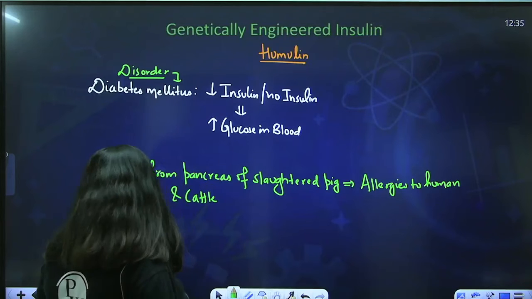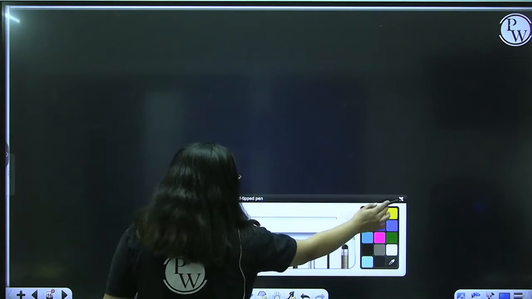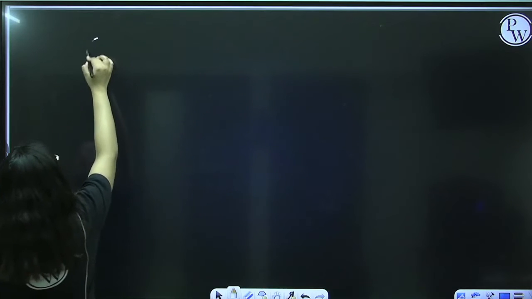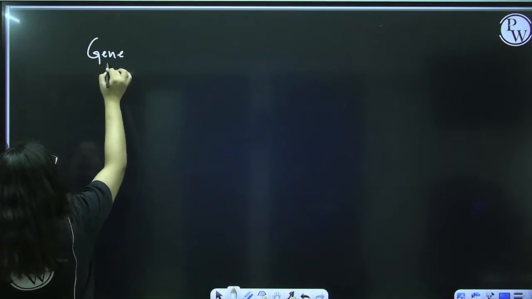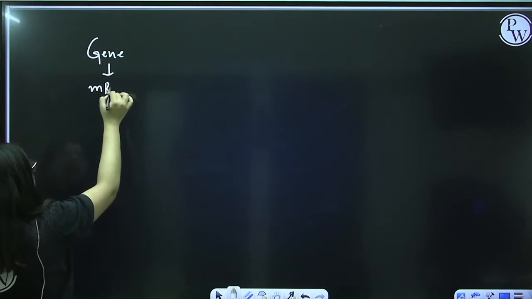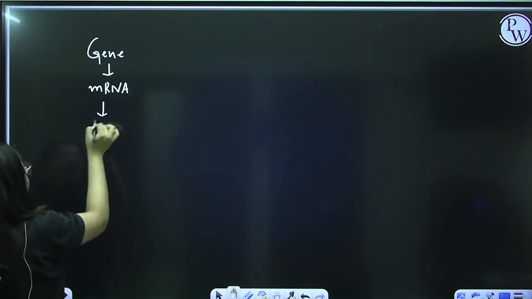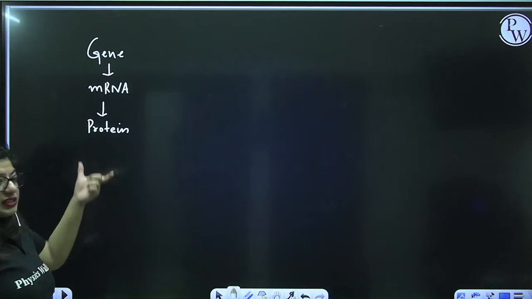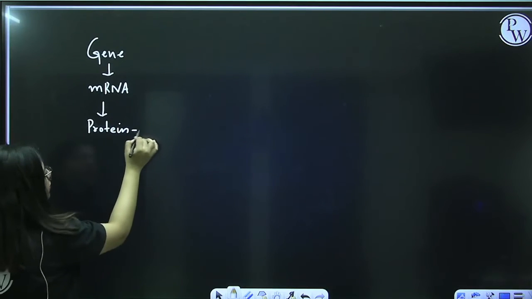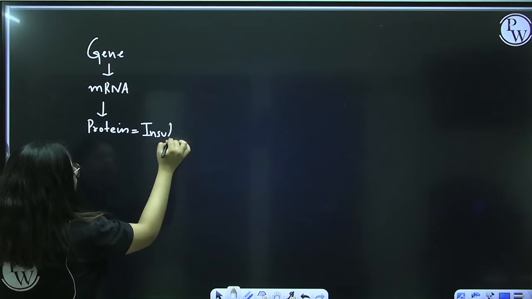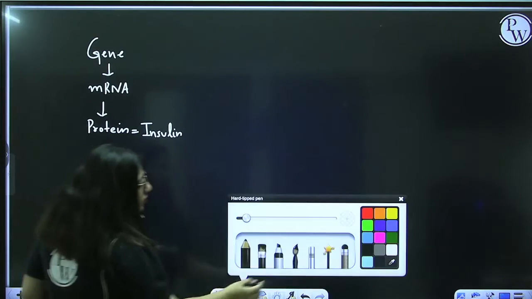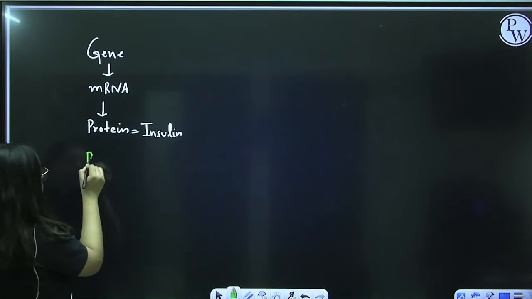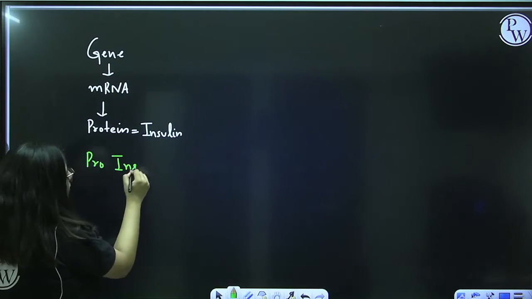Fine. The interesting point about human insulin is that it's a protein, a hormone made up of protein, produced from a gene. The gene produces mRNA, and mRNA produces protein, and this protein is insulin. But insulin is first formed in the form of proinsulin. What is proinsulin?